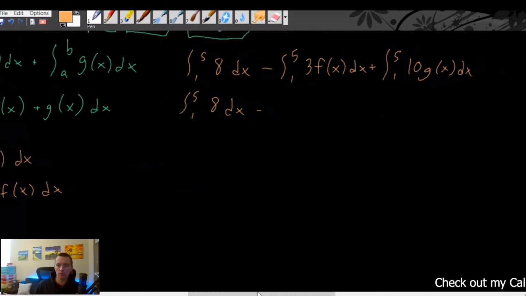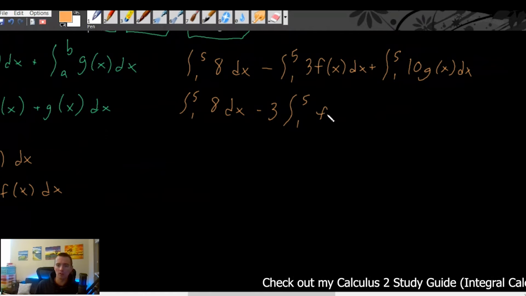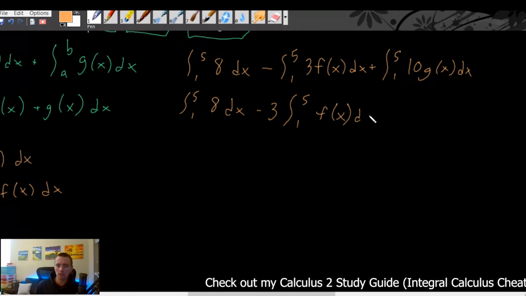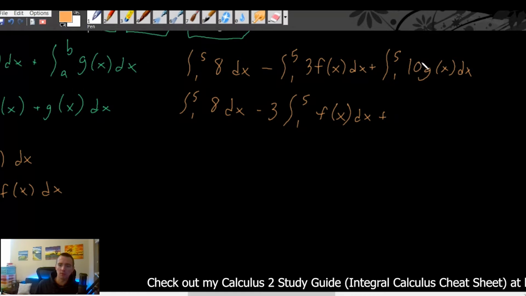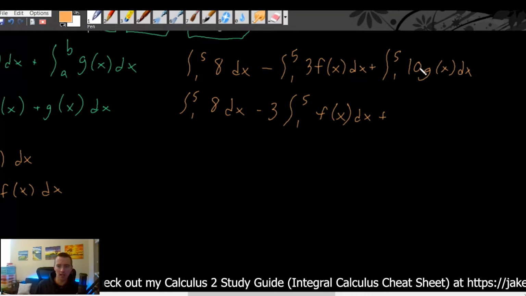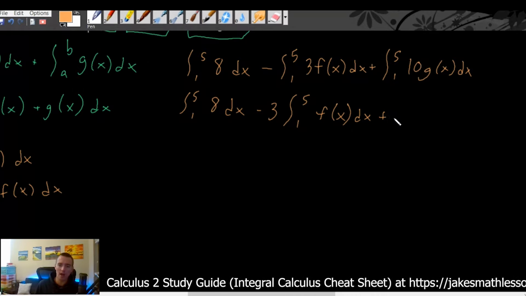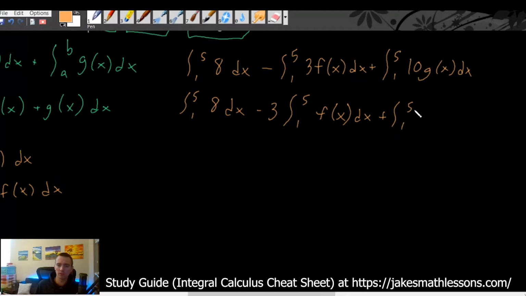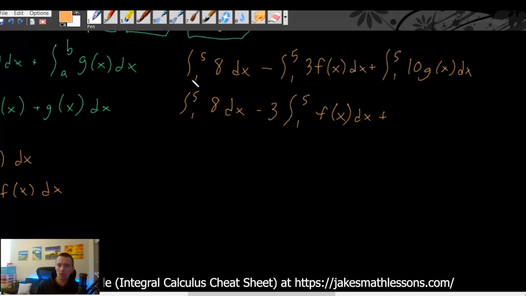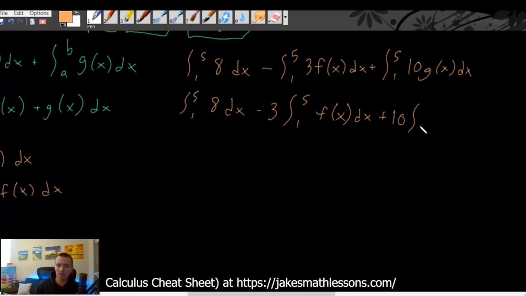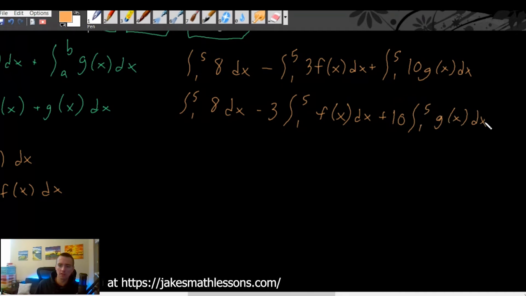So we can take this 3 and move it out in front of the integral, and then have 3 times the integral from 1 to 5 of just f of x dx. Then same thing here, we have this constant 10 times our function g of x. We can pull that out of our integral. So from 1 to 5, we'll have 10 times the integral from 1 to 5 of g of x dx.